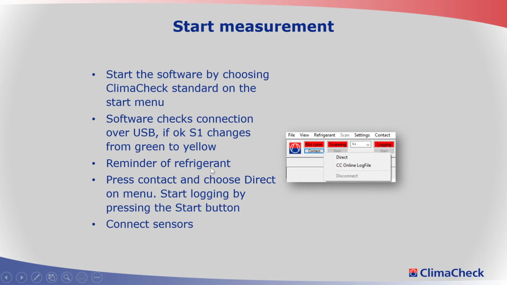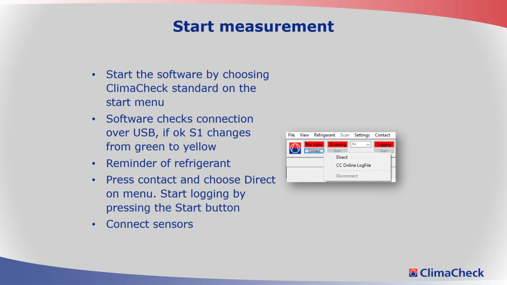If you want to change the refrigerant, then you can do that from the refrigerant menu. Finally, we click on Connect and Direct. This means that we have direct connection with our hardware. We have direct connection with our sensors. The alternative would be that we would rerun some of the data that we've measured previously. In that case, there won't be any hardware involved.